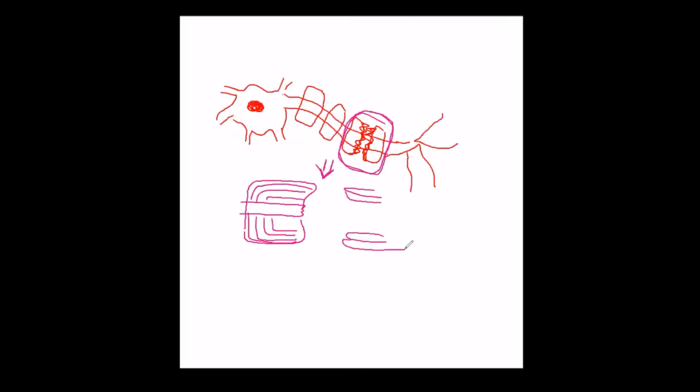So this would be, let's see, I can do the text here. So our proximal stump is actually going to be on the side where our myelin sheath is encapsulating our axon.